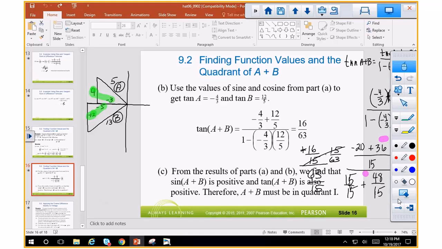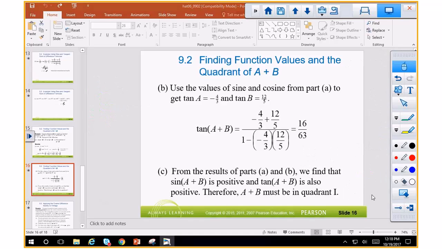From the results of parts A and B, we find also that sine of A plus B is positive and tangent is also positive. Therefore, A plus B must be in quadrant 1. All students take calculus. The sine is positive and the tangent is positive, so A plus B must be in quadrant 1, the only place that both of them can be. And that's where students go crazy here. They go, I don't understand.